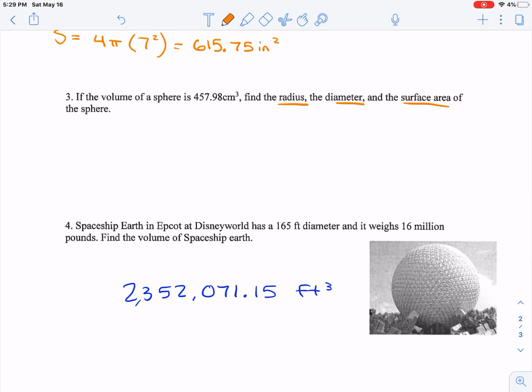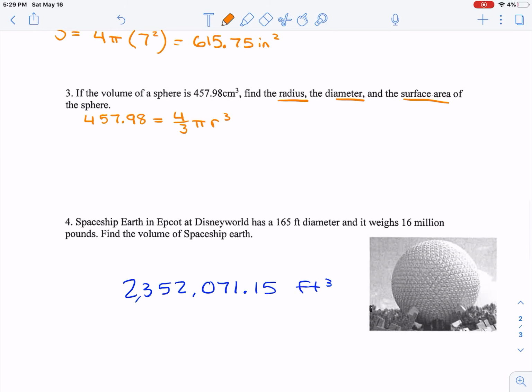So since we have the volume given to us, we're going to go ahead and plug that 457.98 in for our volume formula. So that's 4/3 pi r cubed. Okay, so to get r by itself first, I'm going to go ahead and move that 4/3 pi over by dividing both sides by that, or we could just multiply by the reciprocal.